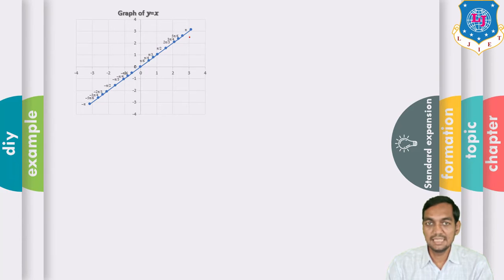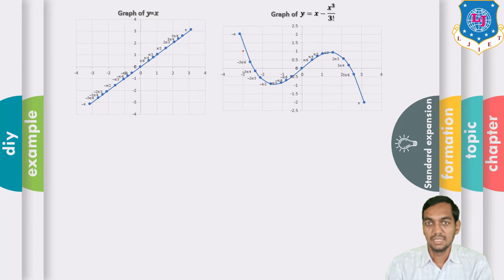But if you consider the first two terms, then you have a graph like this, that means sin x is equal to x minus x cube by 3 factorial. So see, in some interval, the graph is the same as the graph of sine. Near about the origin, the value of the series is approximately the same as the value of sin x.